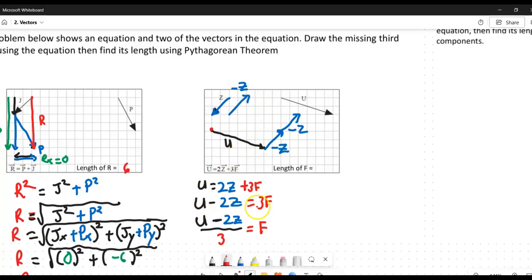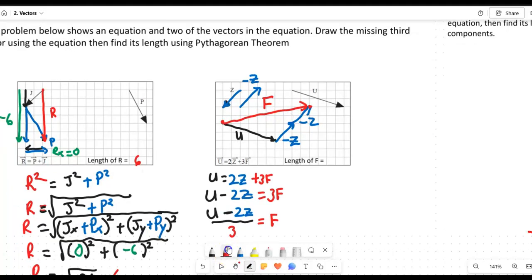Okay, so u minus 2z is equal to 3f. So 3f is going to go up and to the right this far, right? Well, actually, that is 3f, because right here we said the addition of u minus 2z is equal to 3f.